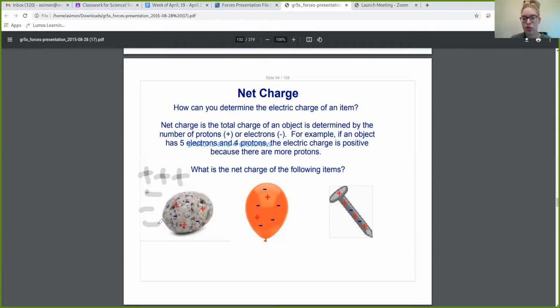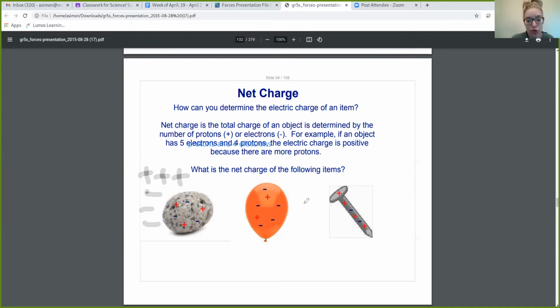So what would my net charge be? If I have 3 positives and 3 negatives, then my net charge is going to be 0, because I have the same amount of positives as negatives, and when I subtract those, I get 0. So the rock is actually going to have a neutral, a 0 charge.